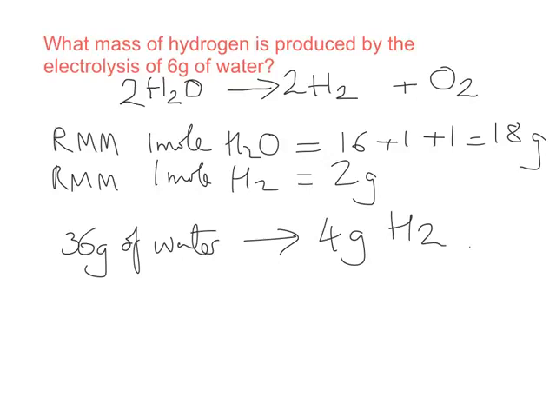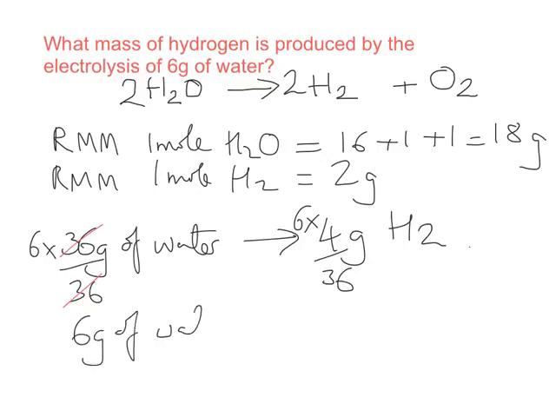Now we want to work this out for 6 grams, which is pretty straightforward. You divide by 36 on each side, and then you multiply by 6 on each side. So this will cancel out. 6 grams of water gives you 4 times 6, which is 24, over 36 grams of hydrogen. We can work that out as 2/3 of a gram of hydrogen.